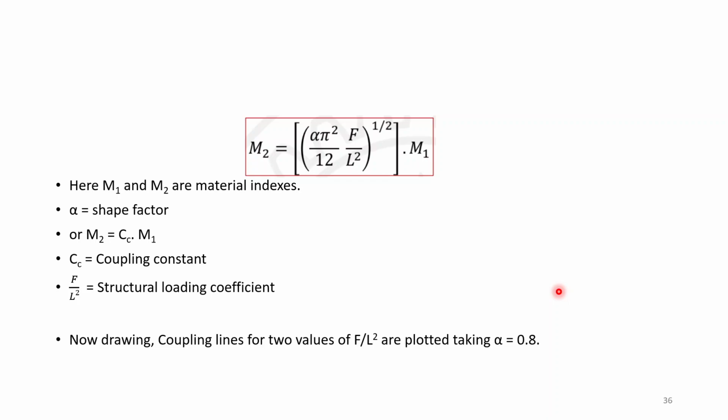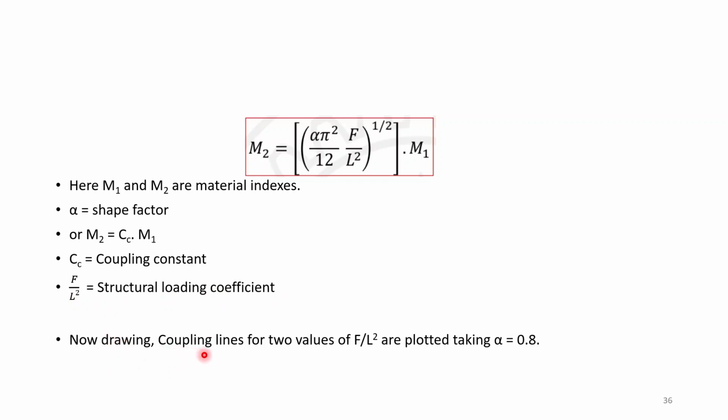M2 equals (alpha pi square upon 12 times F upon L square) whole power half times M1. So here M1 and M2 are material indexes. Alpha is your shape factor, or you can write this entire bracket as Cc, which is the coupling constant. F upon L square is your structural loading coefficient.